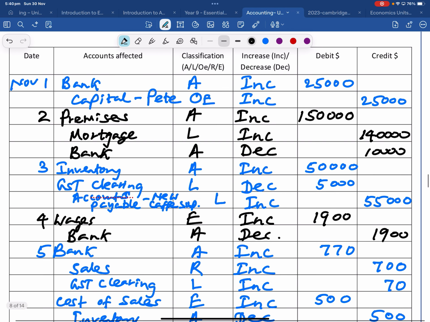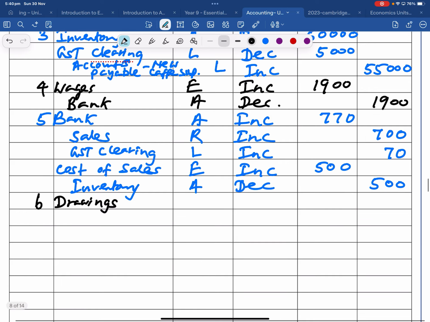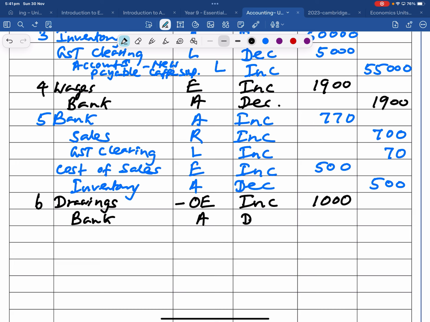Yes, drawings. What is the classification? Negative OE. Exactly like that. Drawings increase. Its nature is negative owner's equity. That's a different story. It is increasing. How much though? 1000. Then bank. What happens to bank? Bank is easy. Asset, decrease, credit.